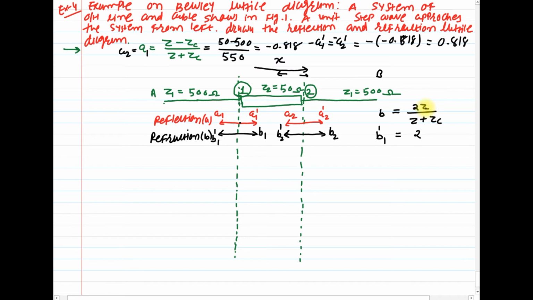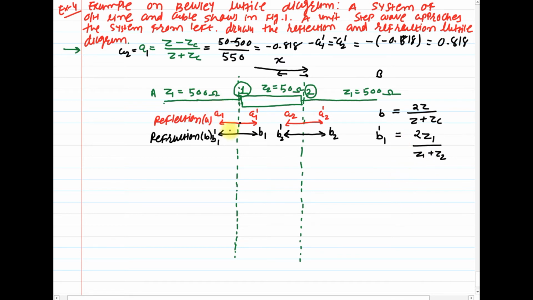Now instead of z, I will consider the value of the surge impedance in which this refracted wave is traveling. That means the surge impedance of the transmission line, which is z1. So I will write 2z1 divided by z1 plus z2.